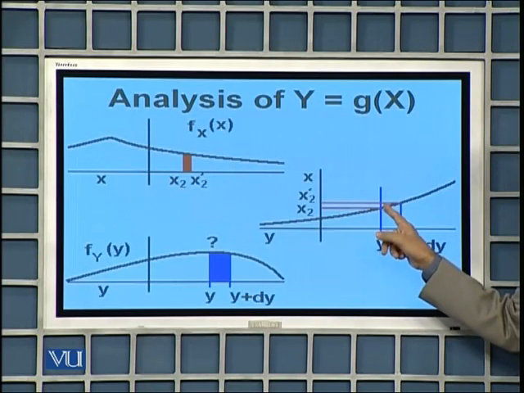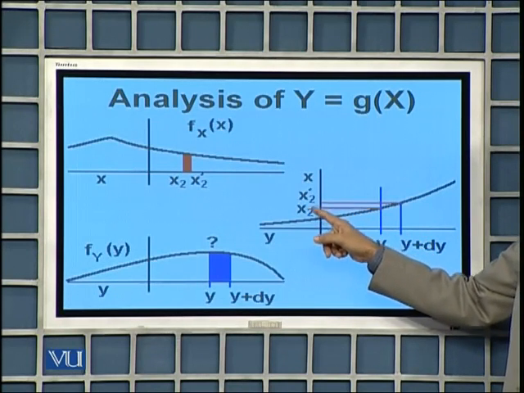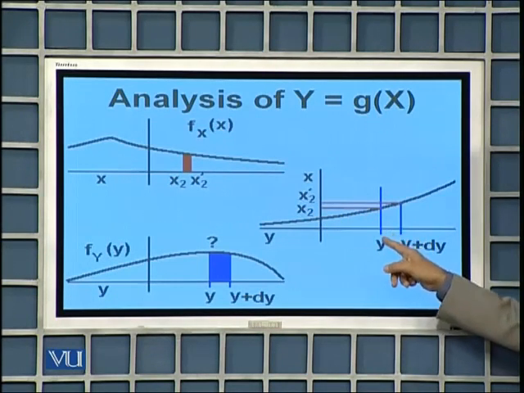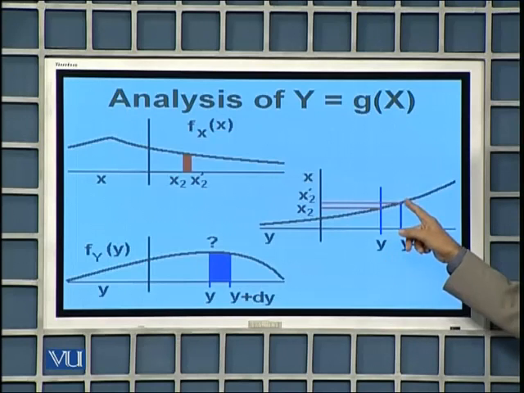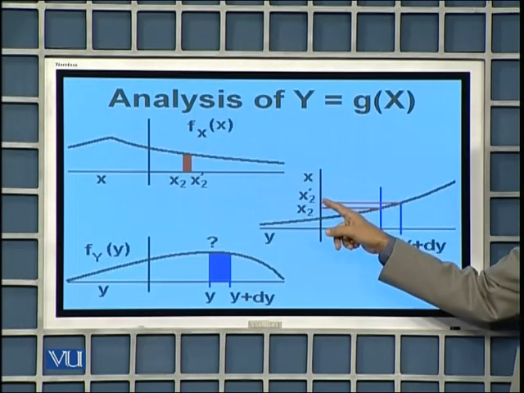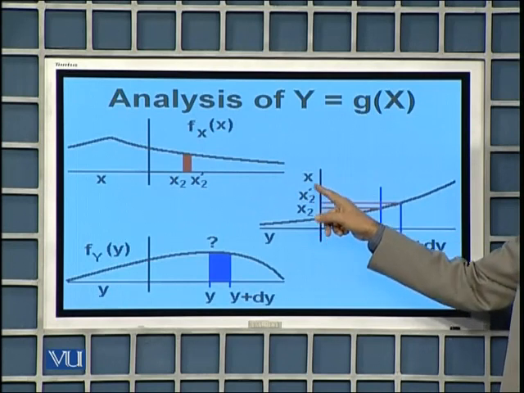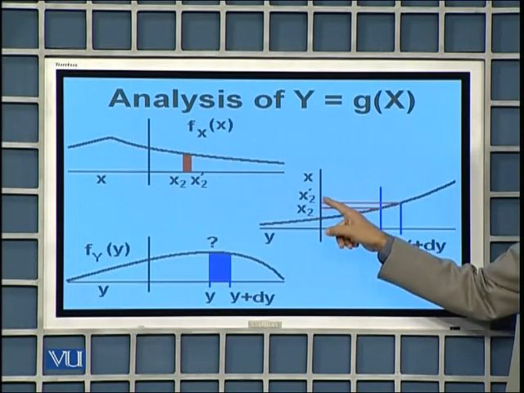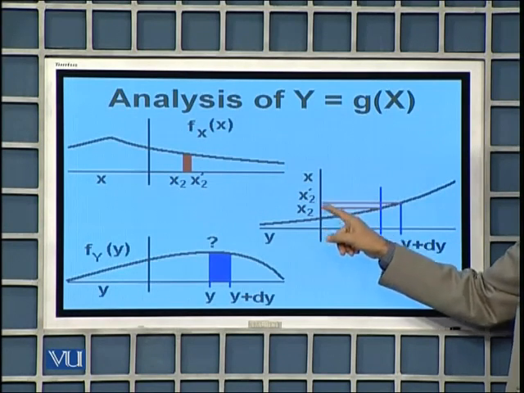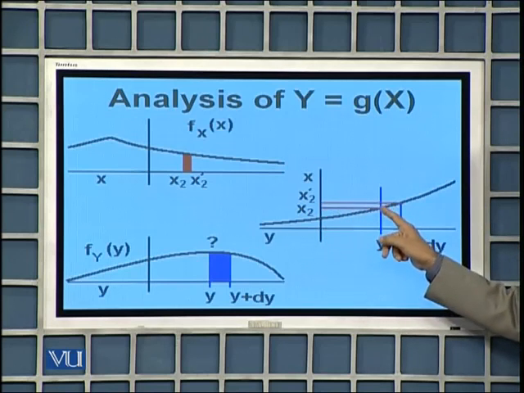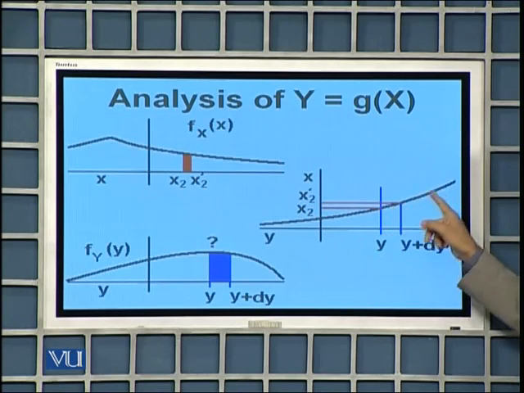For y, we have inverse image of y, which is x2. And for point y plus dy, we have its inverse image, which is x2 dash. Please note that x2 dash is larger than x2 because at this point, slope of this inverse function is positive.